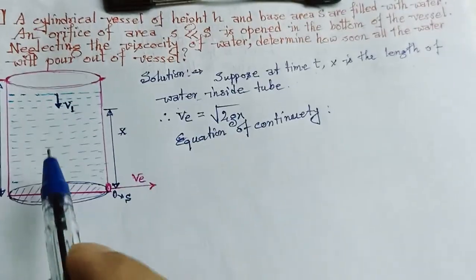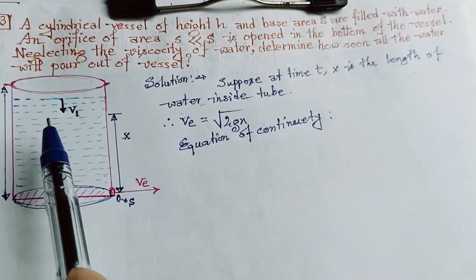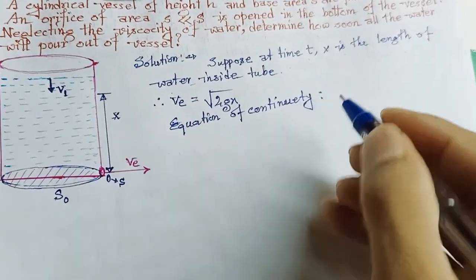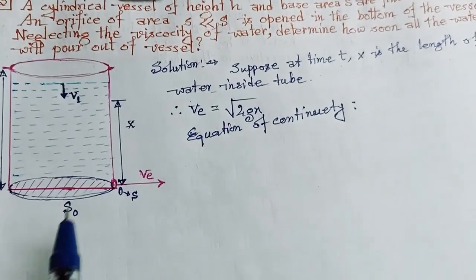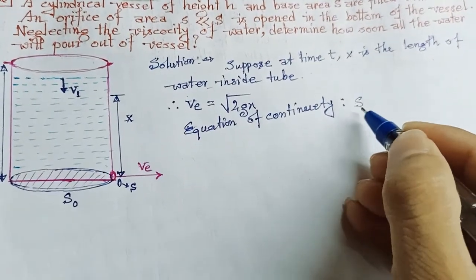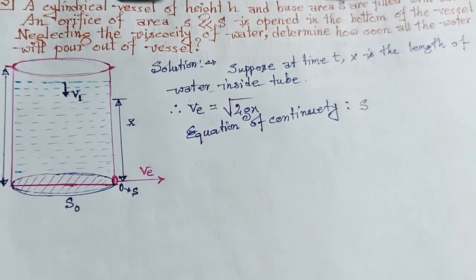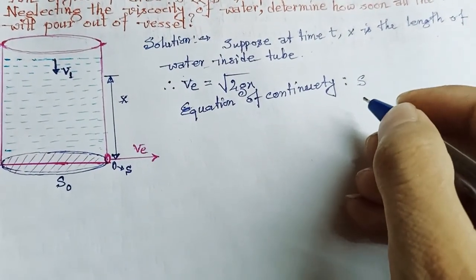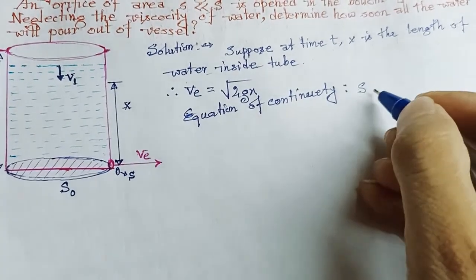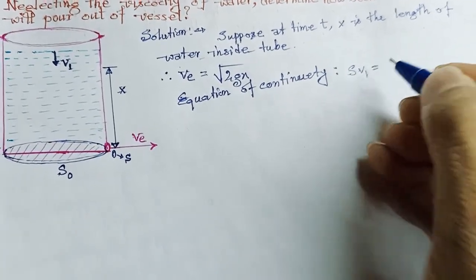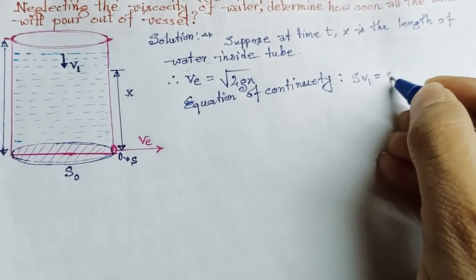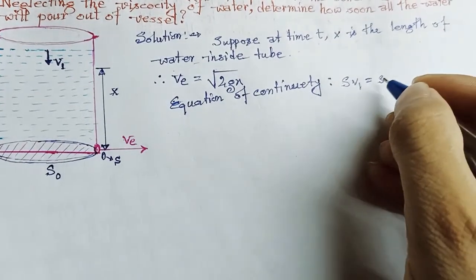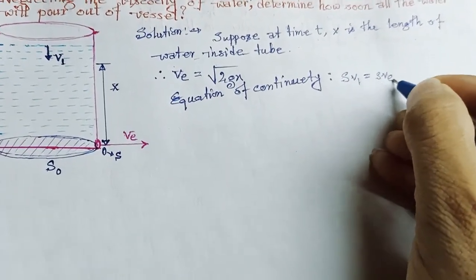Let v1 be the velocity at the free surface of the water and v the velocity of efflux, where the area of the base circle of the cylinder is capital S and its velocity is v1, and the area of cross section of the small orifice is small s and its velocity is v.